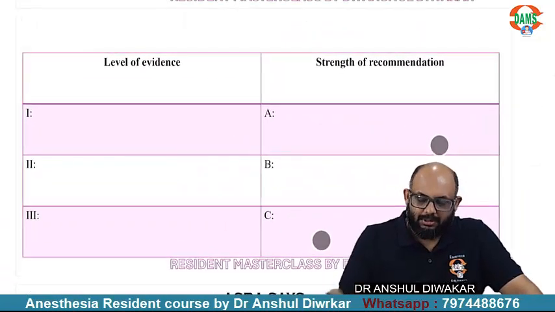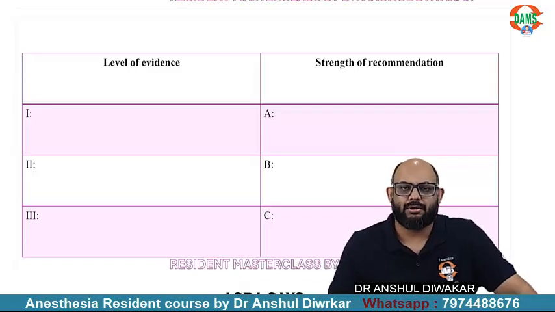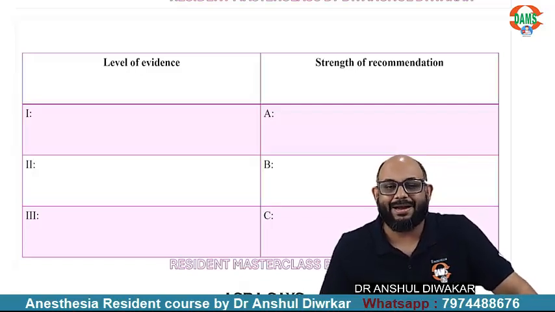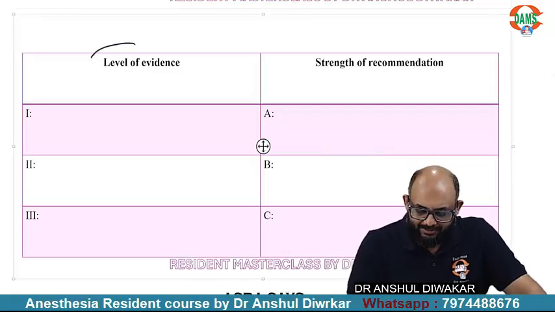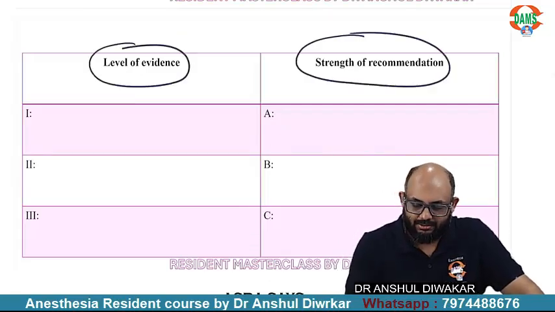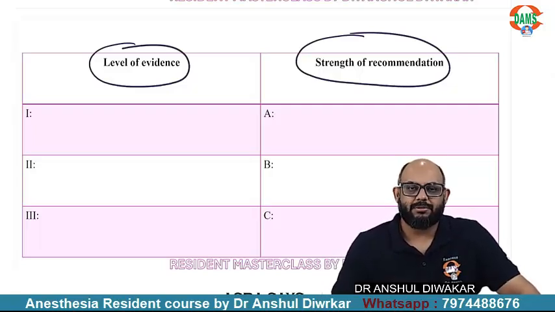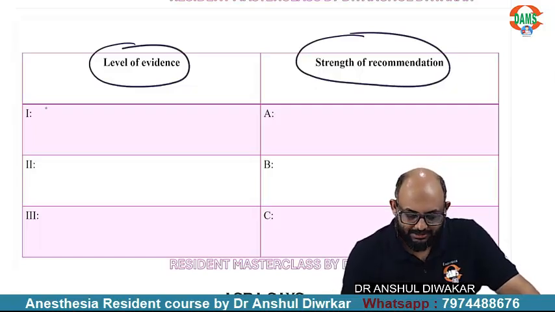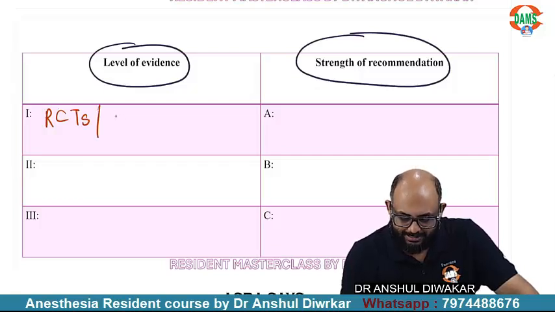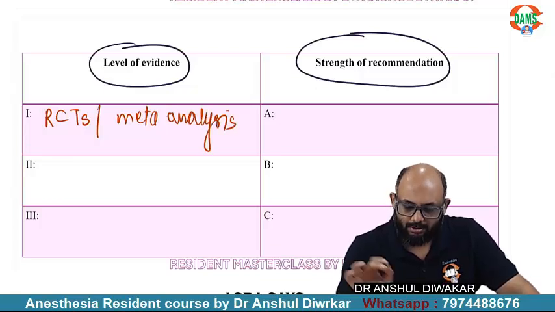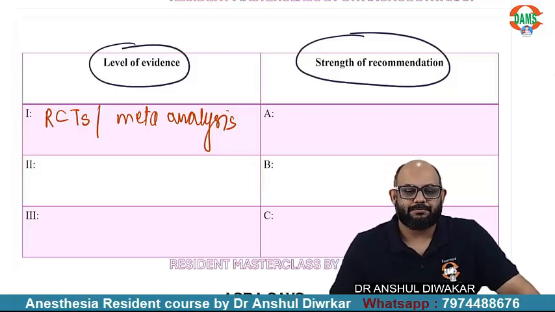Now, this is an old way of talking about any guideline, and that is your level of evidence, LOE, and the strength of recommendation, SOR. Level of evidence is considered class 1 when you have RCTs or meta-analyses backing up your treatment or your intervention.